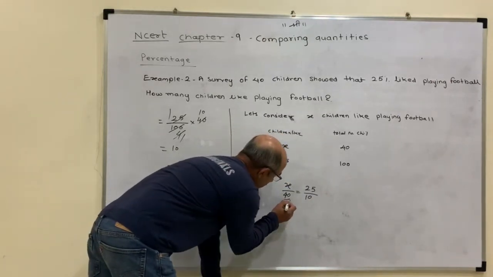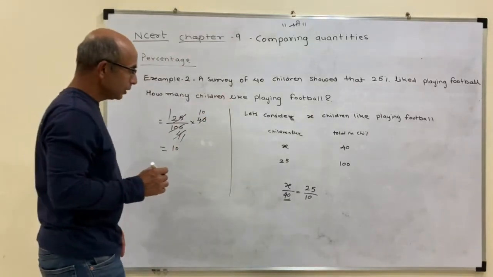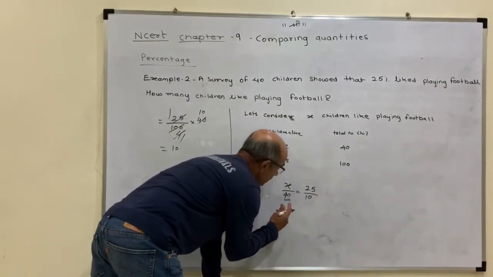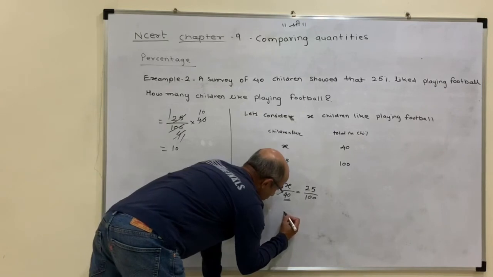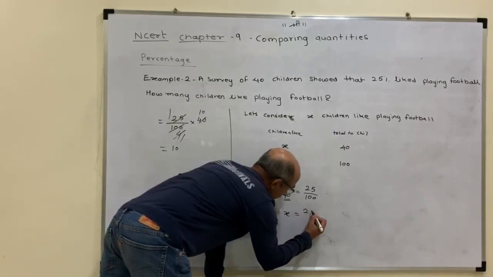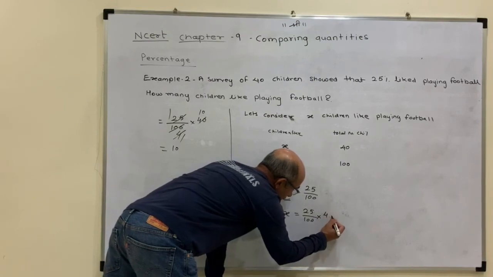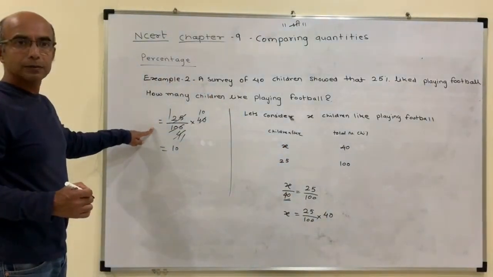So now I am going to transpose this 40 from the left hand side to the right hand side. Since it's divided on the left hand side, it will be multiplied on the right hand side. So it comes out to be X equals 25 divided by 100 into 40, which is exactly where we started.